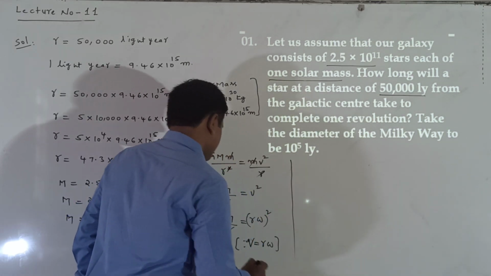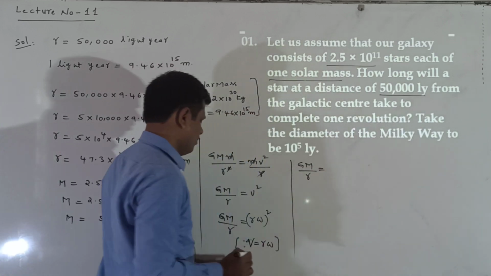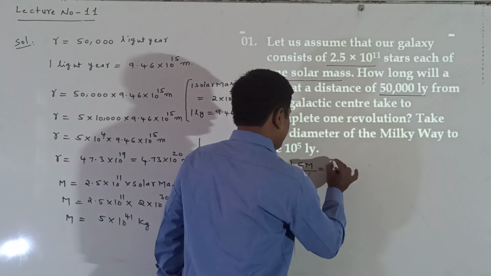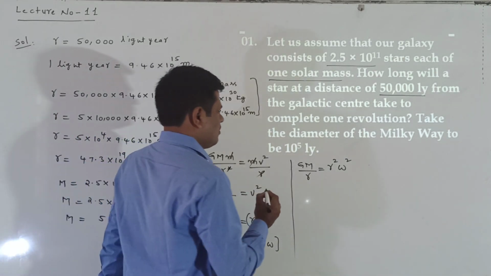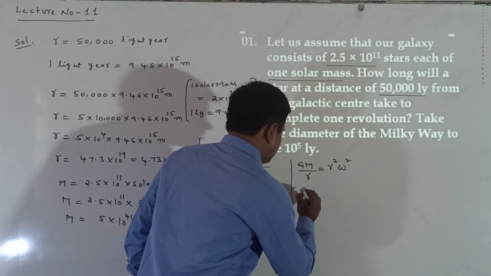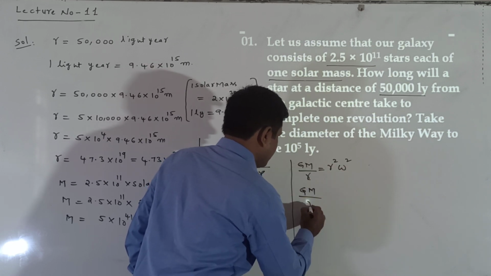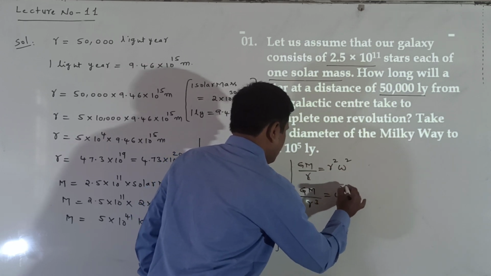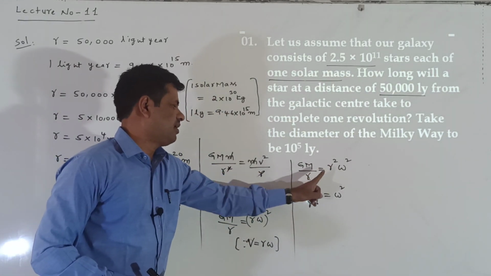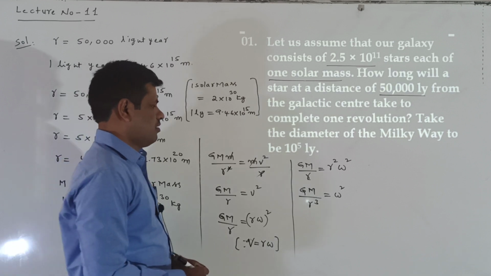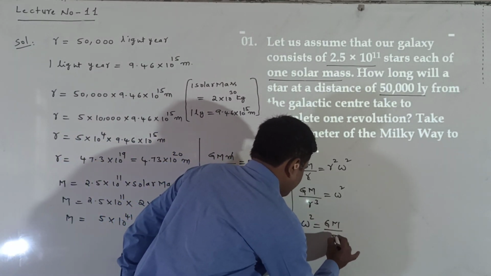Next, from this equation, GM by r is equal to r square omega square. I want to find the time period, so taking r square, GM by r into r square, that is r square into r, is equal to r cube. So omega square is equal to GM by r cube.